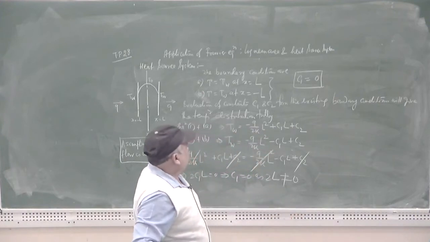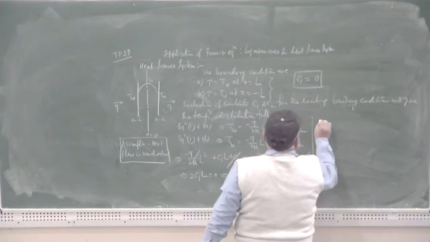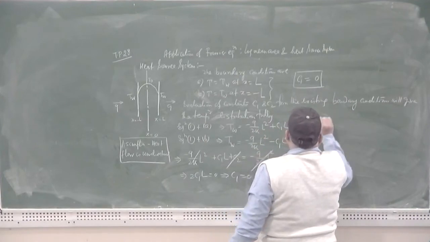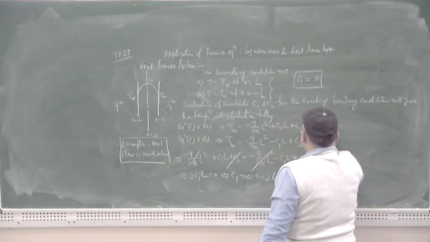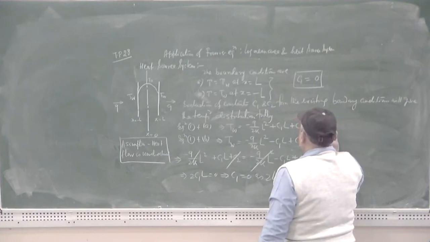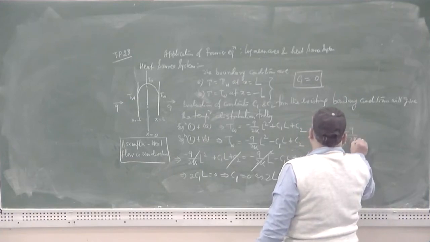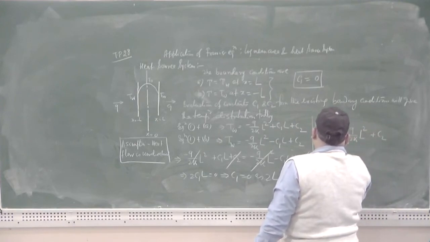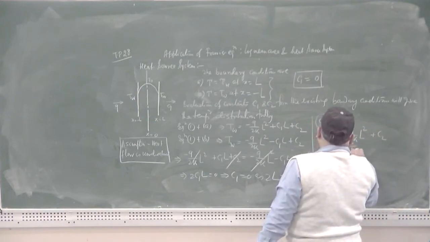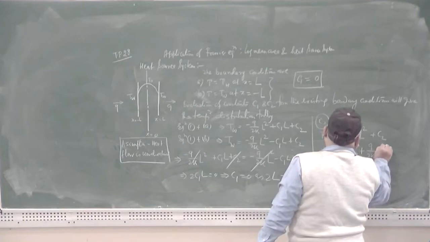Now, the value of C2. TW should be equal to minus Q upon 2K L square, the C1 is 0, plus C2, or the value of C2 is equal to TW plus Q upon 2K L square.